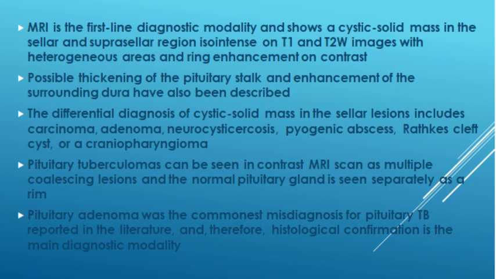On MRI, pituitary tuberculomas can be specifically associated with multiple coalescing lesions, and the normal pituitary gland is seen separately as a rim. Here in this case, in this MRI, it is seen on the posterior margin of sella. Pituitary adenoma is the commonest misdiagnosis for pituitary tuberculosis.